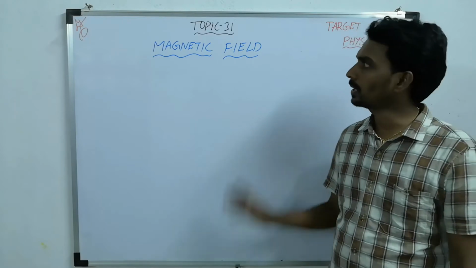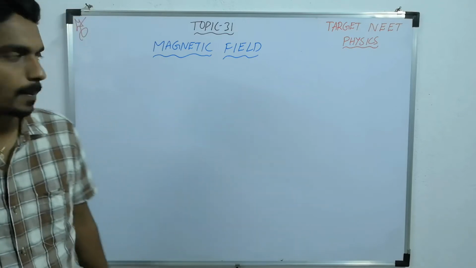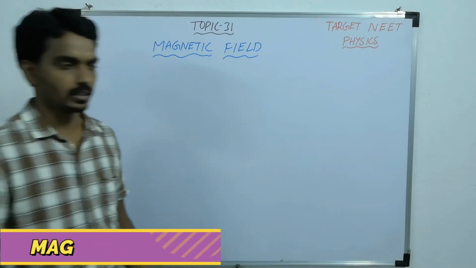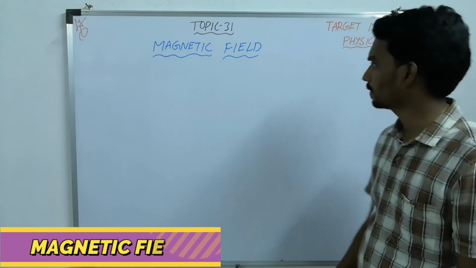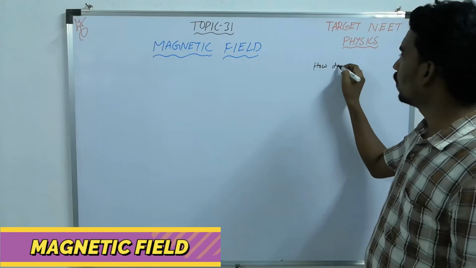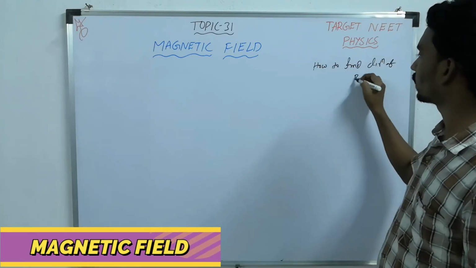Understand the topic 31, that is how to calculate magnetic field, or questions based on magnetic field calculation. Before going to that, first thing, how to find the direction of B bar.